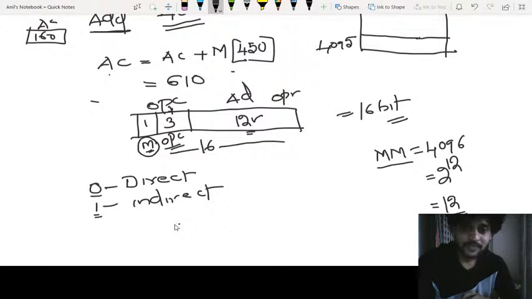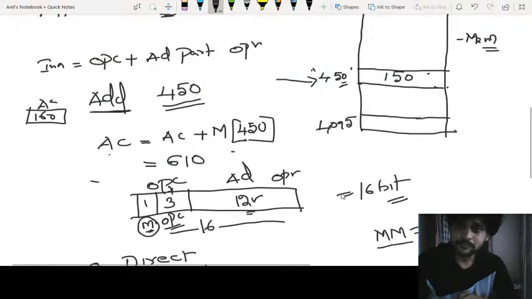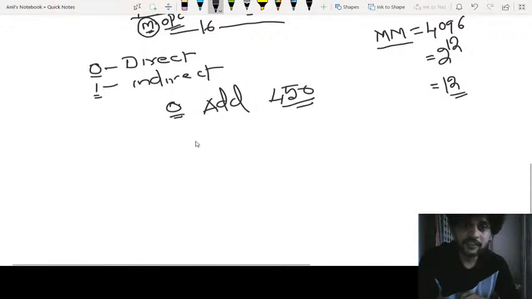I'll tell you, okay, 0, add 450. If it is 0, add 450, this field talks about the address field. If it is 0, 450 is the direct address. Go to 450, get this value, get it added to the accumulator. Otherwise, if it is 1, add 450, which means that this is an indirect addressing mode.